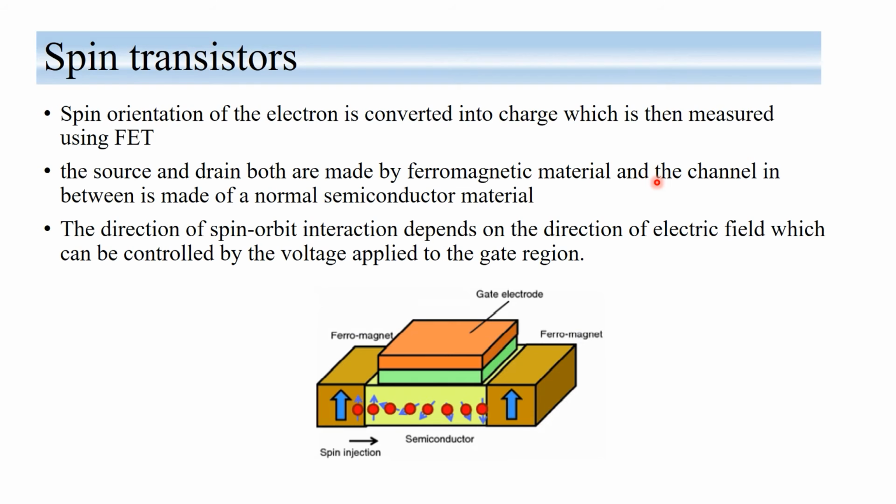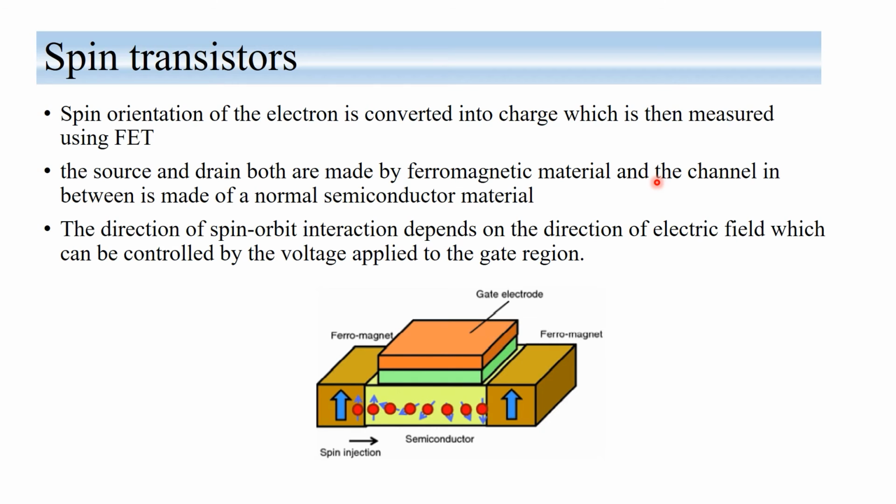Now we can see about spin-based transistors. The spin orientation of the electron is converted into a charge, which is then measured using field effect transistors. Here, the source and the drain are both made of ferromagnetic material, and the channel in between is made up of a normal semiconductor.